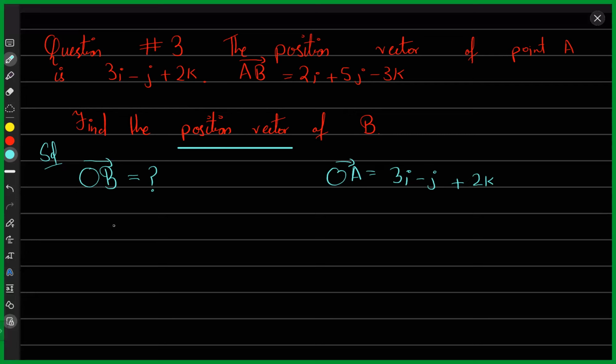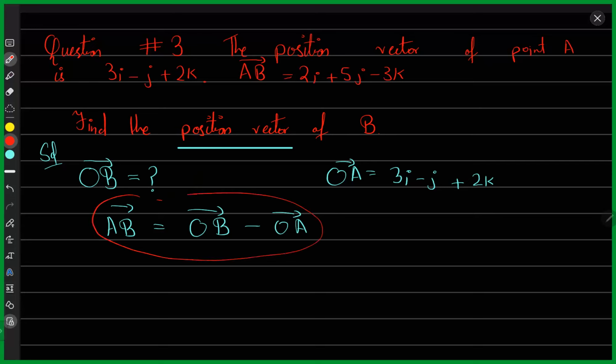So let me tell you, AB is basically equal to OB minus OA. This is a rule that if you have a vector AB, you can write it as OB minus OA.